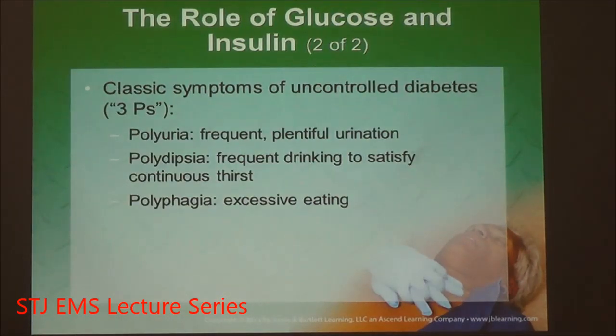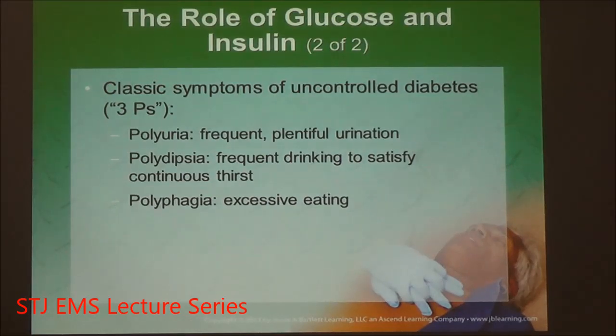So without insulin, we end up with a buildup of sugar in the bloodstream, and that in itself is dangerous. So classic signs of uncontrolled diabetes and the precursor to DKA: polyuria, frequent painful urination; polydipsia, frequent drinking; and polyphagia, excessive eating. Now let's describe why the body is doing these.